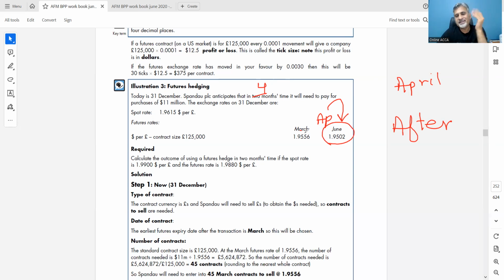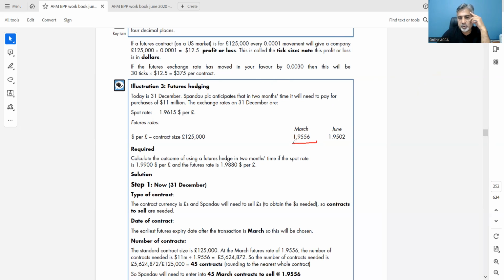So now, in this case, we are going for March. So what is happening? This is a future transaction. I need 11 million. I will purchase from the market at the spot rate in 2 months' time. And there might be some loss because dollar is becoming expensive.